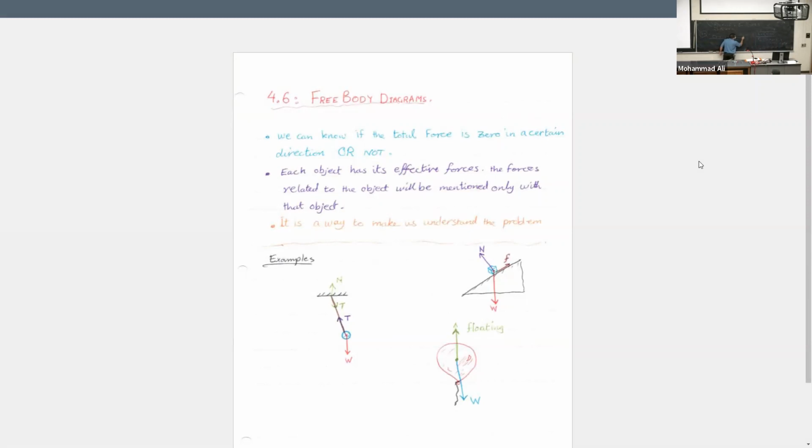So we have 30 newtons, which is equal to T. 30 over 15 will be 2.